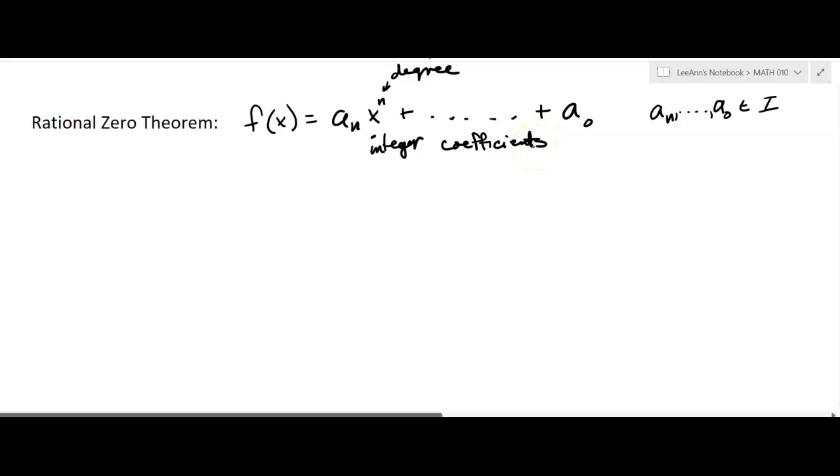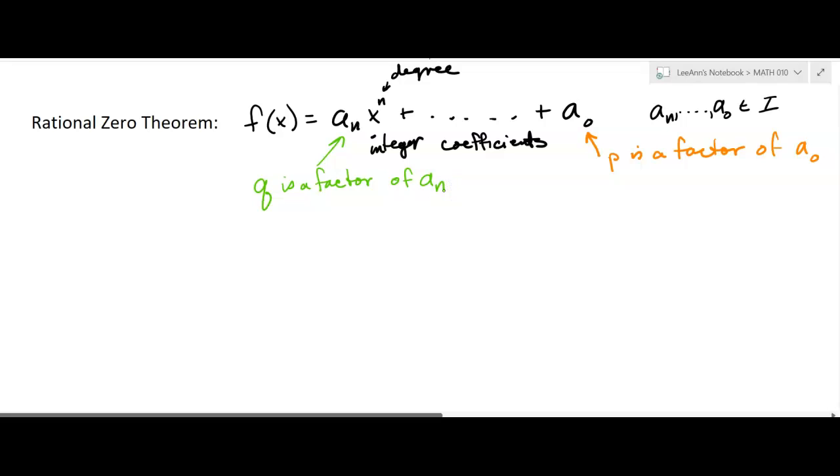And then what we're going to do is we're going to say P is a factor of a sub 0, and Q is a factor of a sub n.